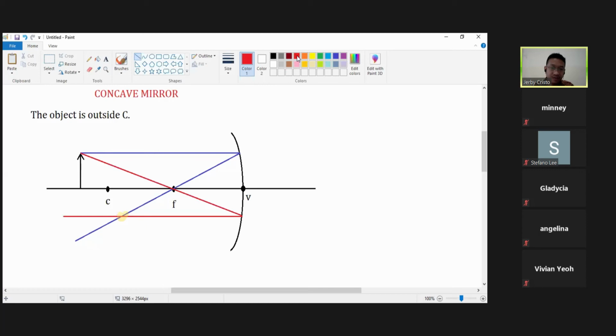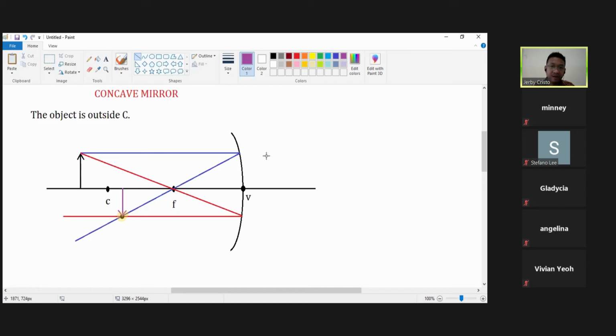Once you have identified it, you are going to draw the image form. At the point of intersection, you draw the head of the image, and then the body of the image will be towards the principal axis. Check. This is the image.